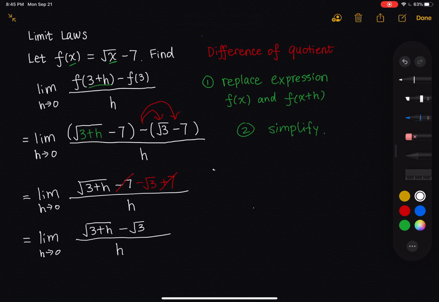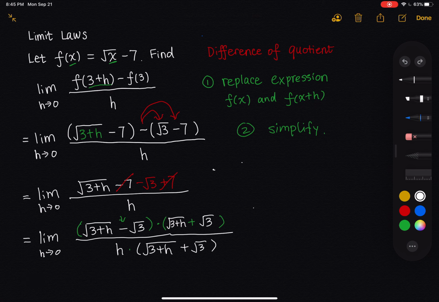h. Now at this point, it's clear what to do: we use a conjugate. The expression here has a minus sign, so we have to use a plus sign to connect them, and we keep the expression the same. So the square root of 3 plus h plus the square root of 3 on the top, and the same thing on the bottom.